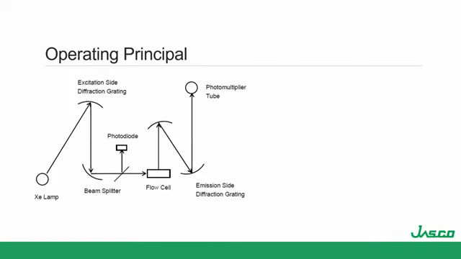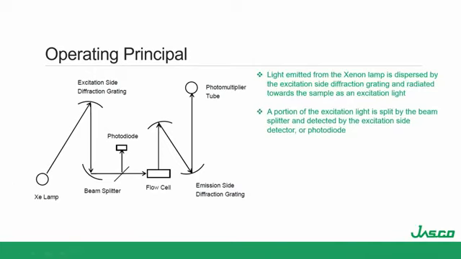So the operating principle: you start with light emitted from your xenon lamp, and it's dispersed by the excitation side diffraction grating and radiated towards the sample as an excitation light. A portion of that excitation light is split by the beam splitter and detected by the excitation side of the detector.